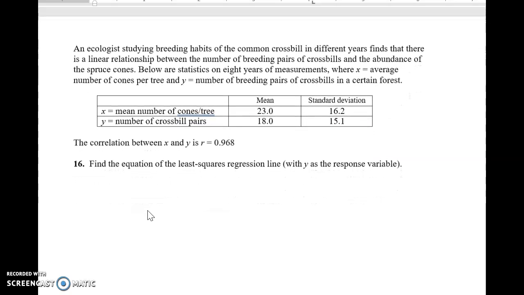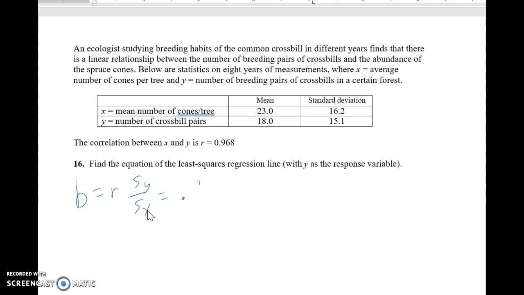For our next example, we're looking at the mean number of cones per tree and number of crossbill pairs. Okay, so the cones per tree is the explanatory, and the number of crossbill pairs is the response. Our correlation is very high, positive. Okay, to find our least squares regression line, we have to start with B. So B would be R times S sub y divided by S sub x.